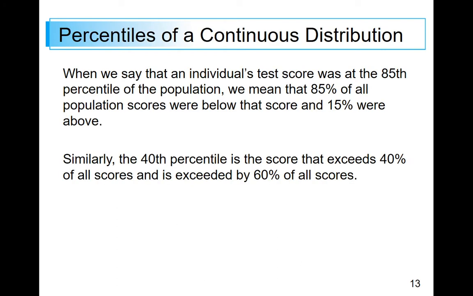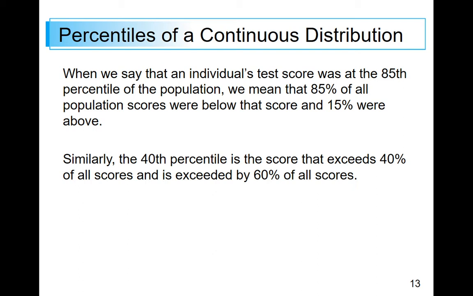And then percentiles. Okay, so when we say that your individual test score is in the 85th percentile, that means your test beat 85% of the other tests. So 85% were below and 15% were above.